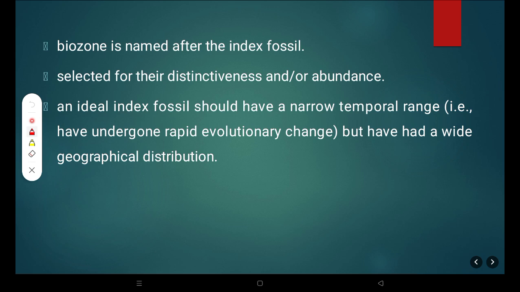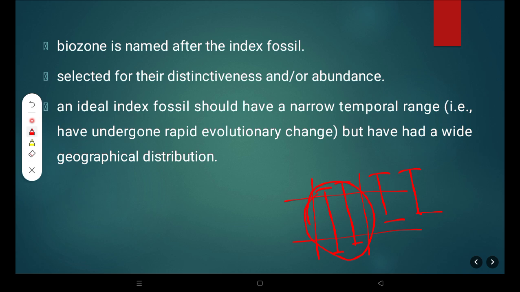Suppose this is a section with fossils: one fossil occurring from here to here, another from here to here, another from here to here. These two can be established as one concurrent biozone.